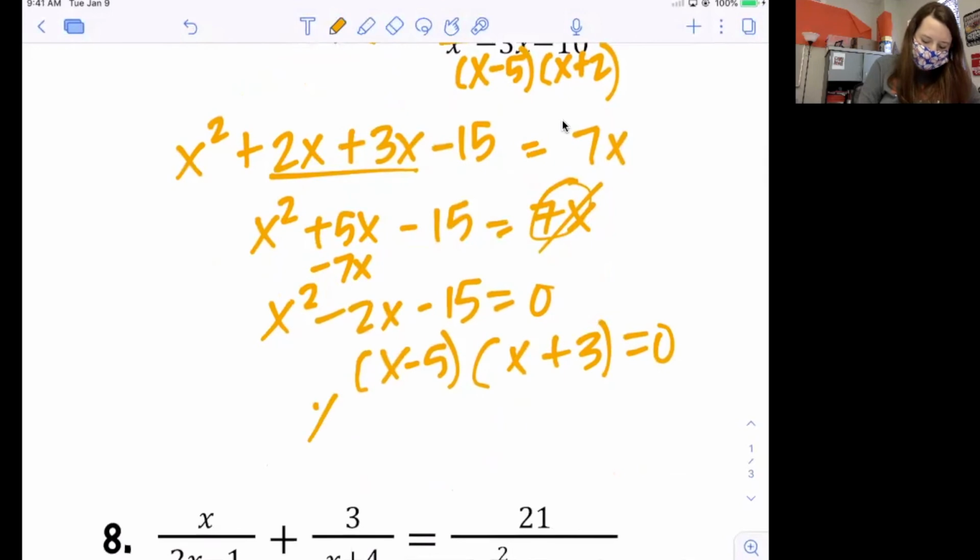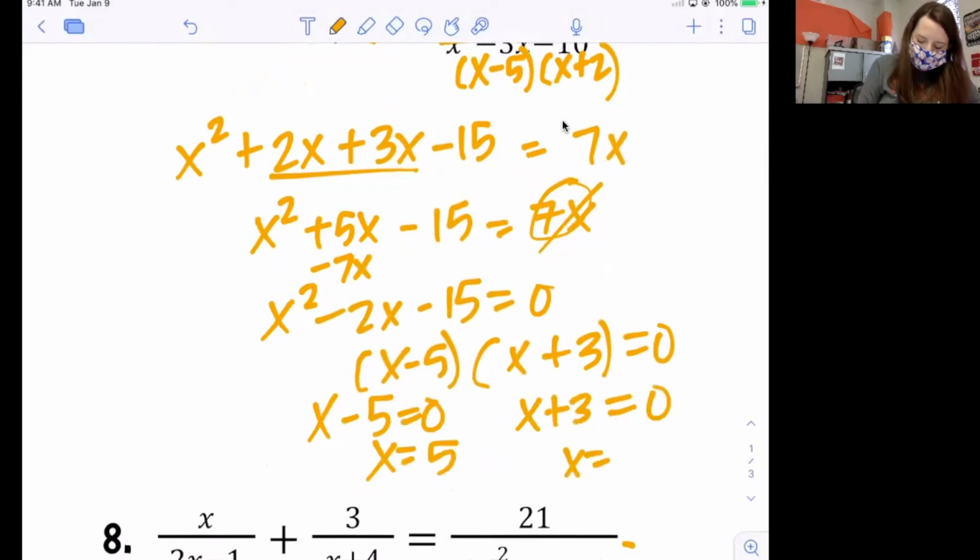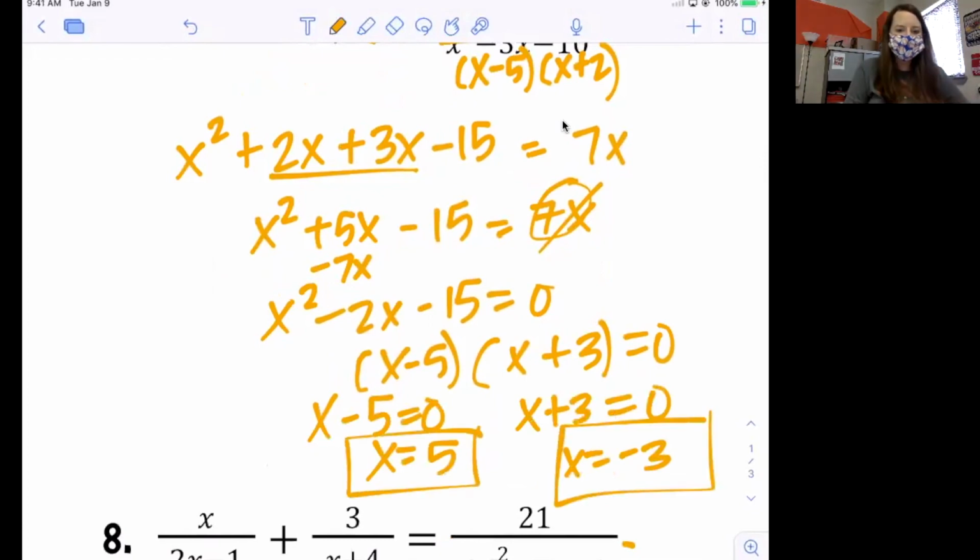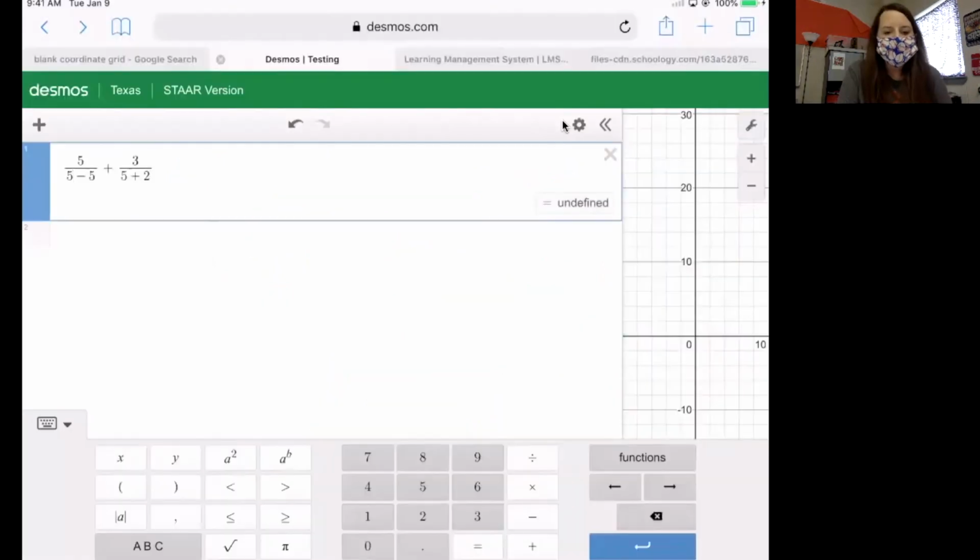When we set each of those equal to 0, we find out that x could potentially equal 5 and or negative 3. So we want to plug those two values in for x. As you can see, when I type in 5 for all of my x's, the left side is undefined because that denominator of the first fraction ends up being a 0. So we know that 5 will not work.